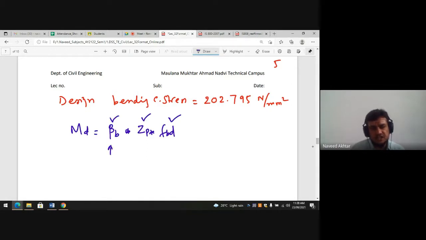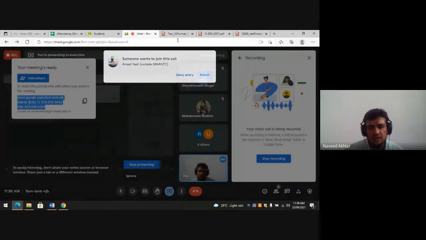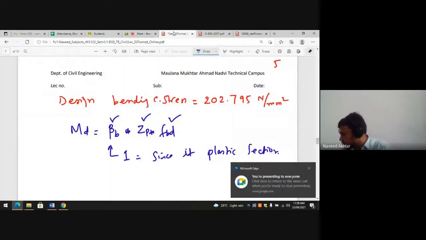Since it is a plastic section, beta B is equal to 1. That's why beta B is equal to 1.